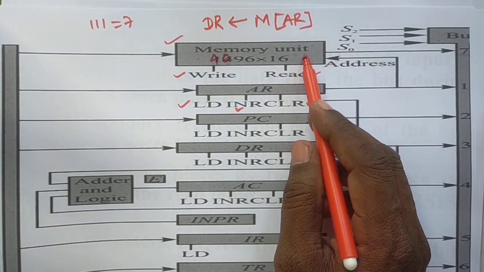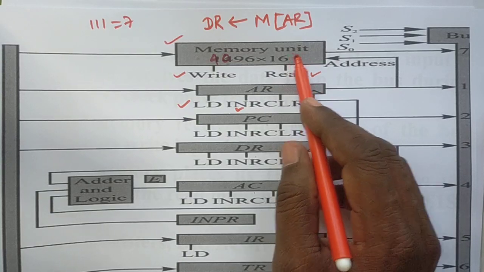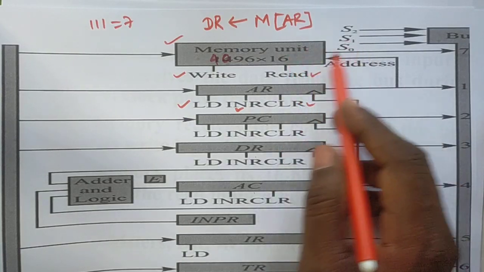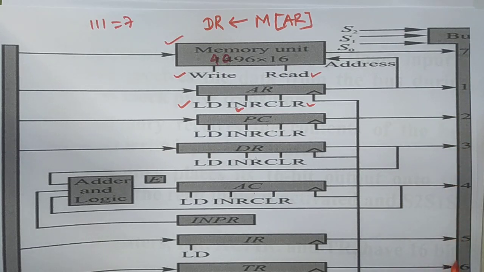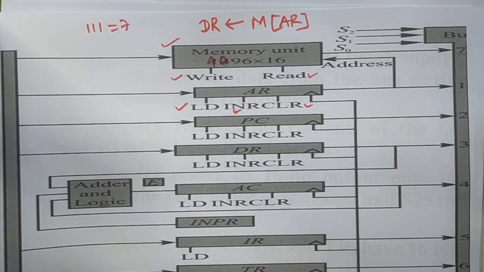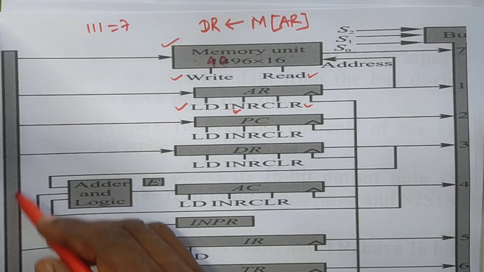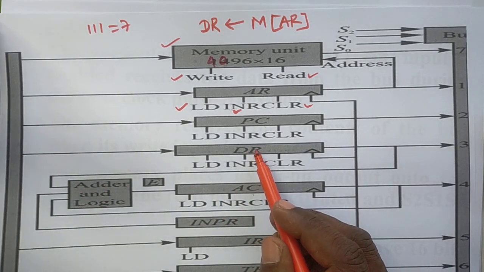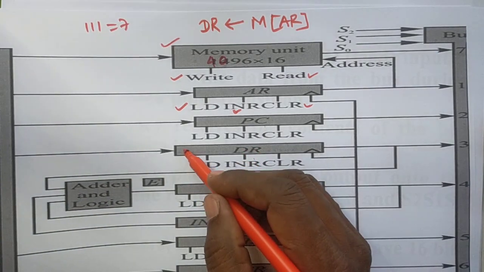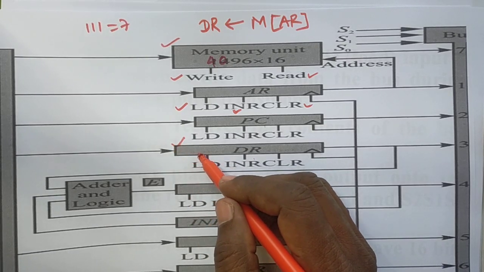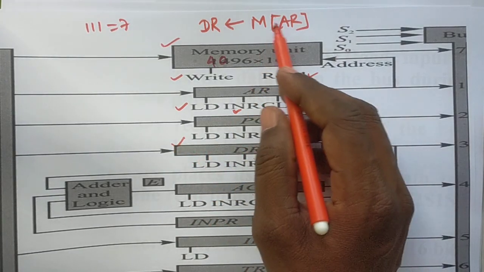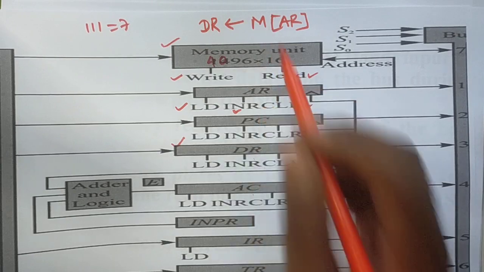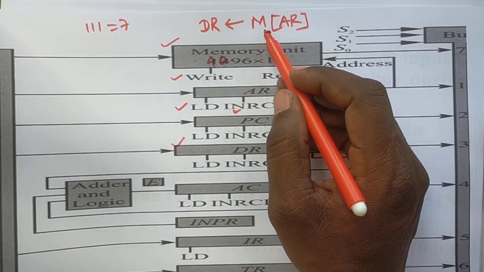Memory releases the data to the common bus, and from the common bus, the data goes to the DR, the data register, which receives the data when memory releases it.